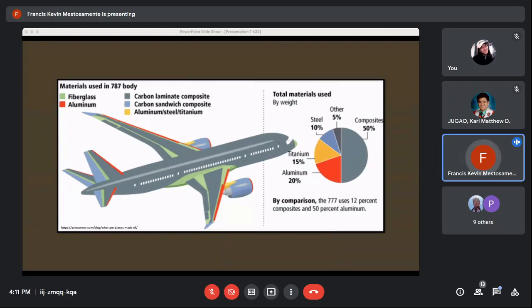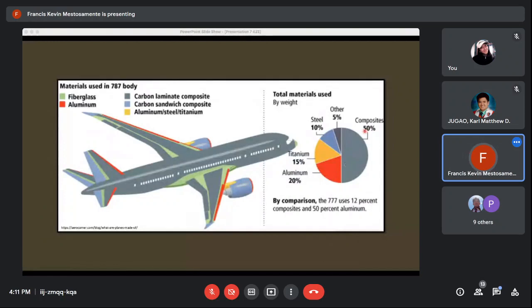Next slide, I got here a picture of a 787. I just want you to see the breakdown of materials used, especially in the trend of our aircraft today. As you could see, we still have steel components, aluminum, titanium. However, you could see that the trend of the market or aircraft production is moving to the composite side, since composite is not prone to corrosion.